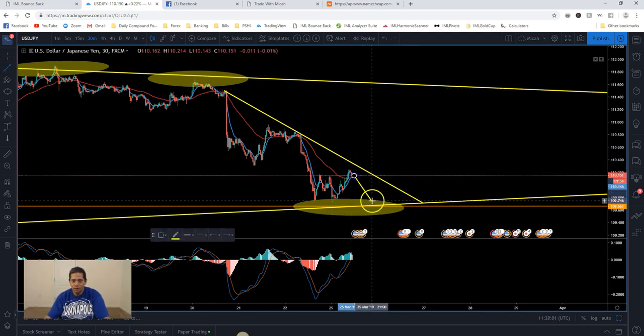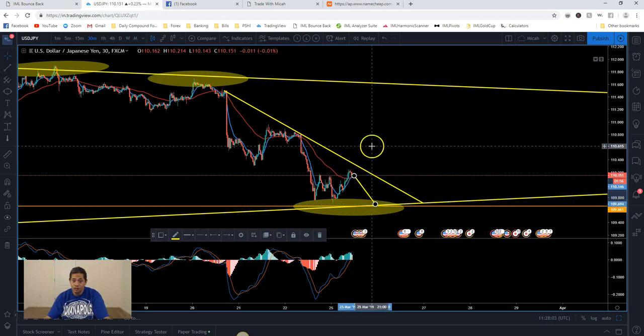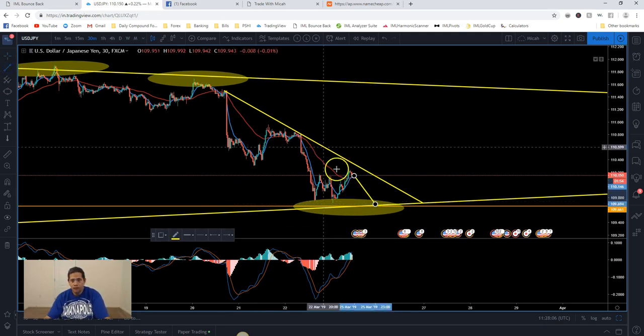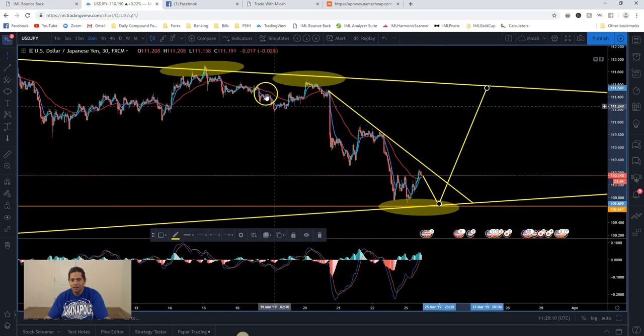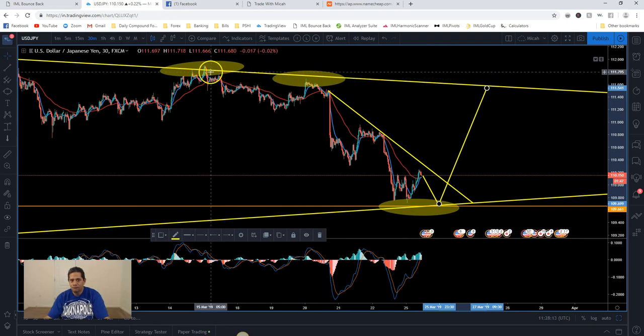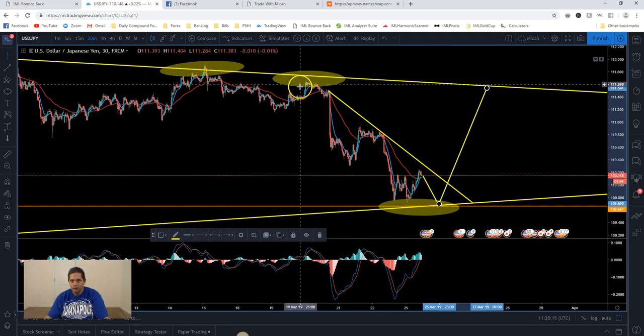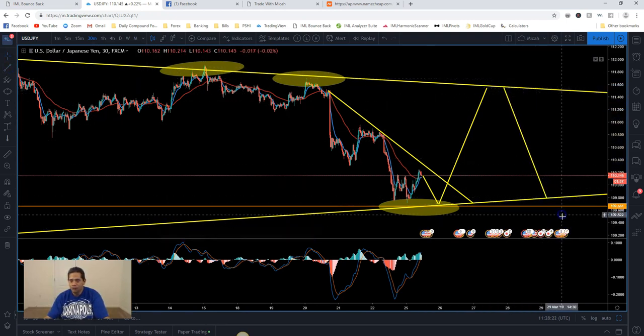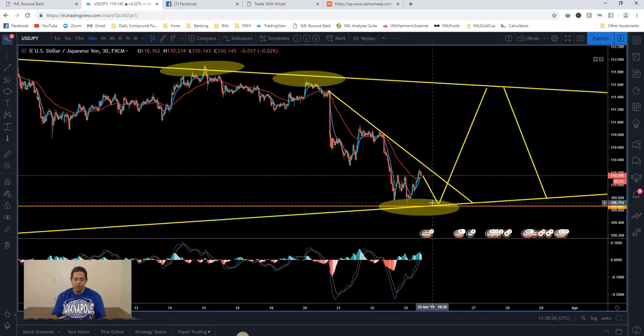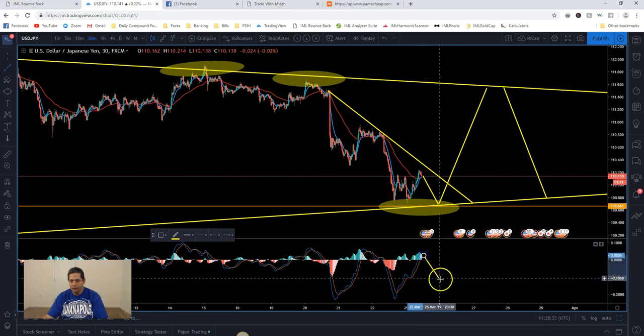So this is what we're expecting, or I'm expecting, right? I'm expecting price to come back down, or we could get the break here. You just never know, right? And then finally making its way up, right? And if you look in the past, it kind of touched here, right? So I'm expecting it to come back all the way up here before making a second move down, right? Or next move down. But because this is a strong support with the weekly trend line, for me, this is a good trade to get in, right? So we expect this, and what we can see on the MACD, right, is going to come back down.